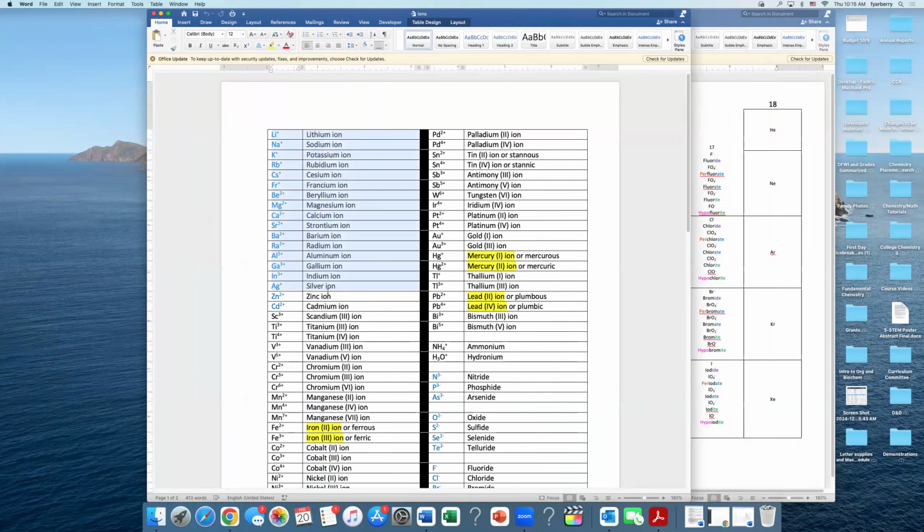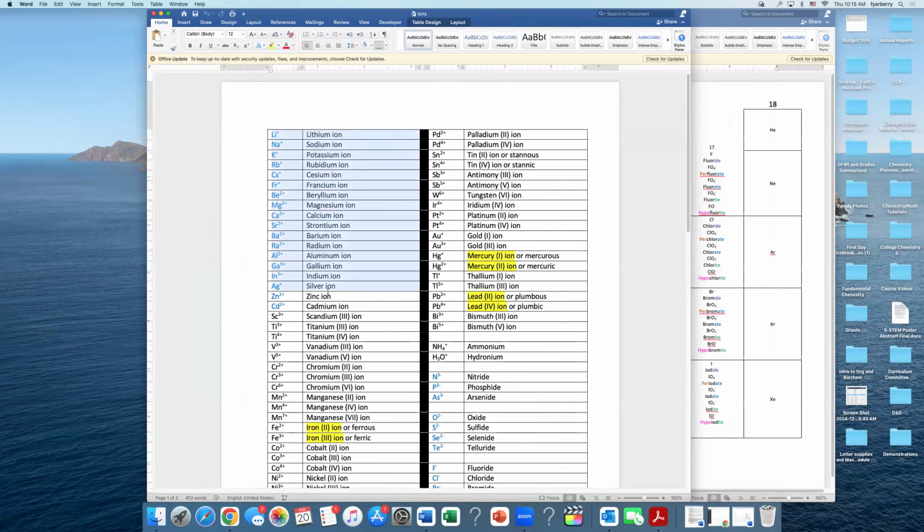The next batch of ions, starting with scandium and going down through bismuth, you do not need to know. You need to know how to name them, but it's not going to do you any good to memorize them.